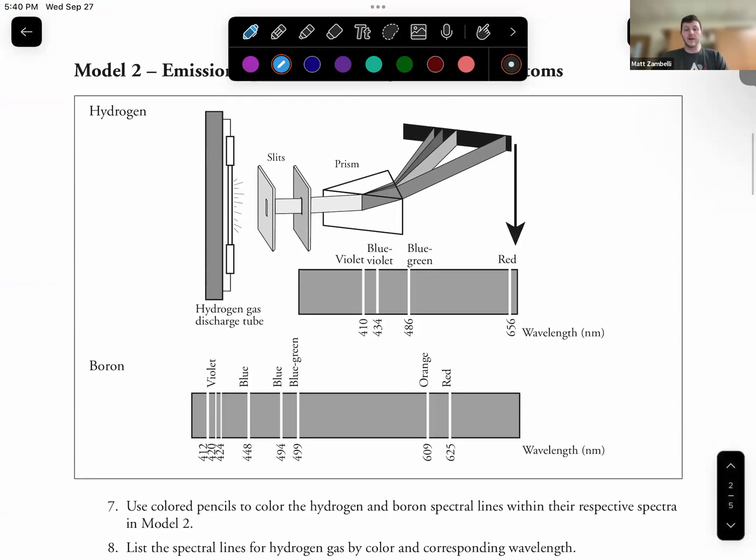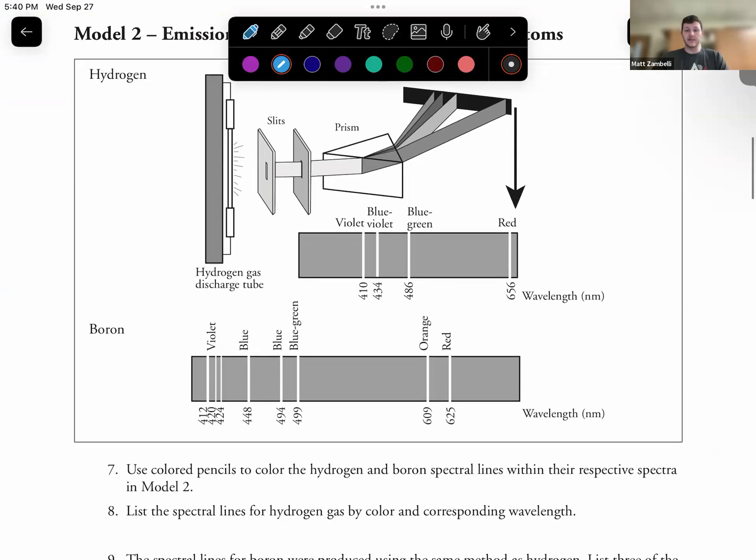If we keep going, the first thing we need to do is color in these lines right here. We color in the blue-green, the violet, the blue-violet, and the red. We're coloring in just the white blank spaces in between that gray area.